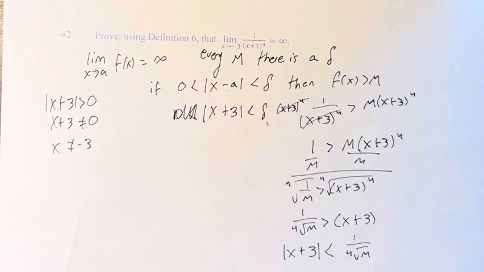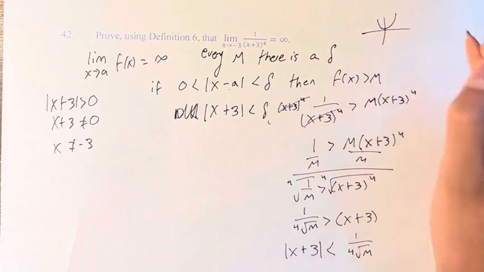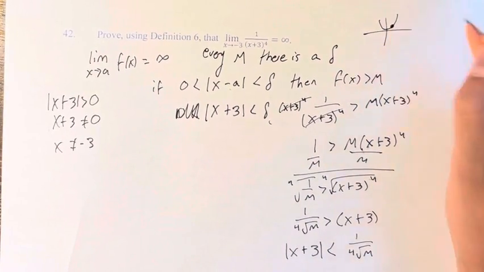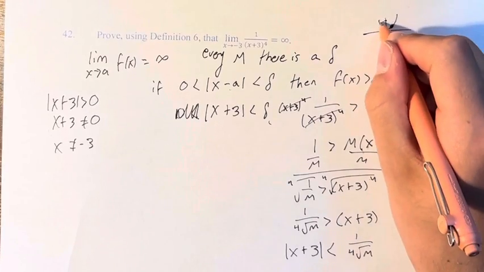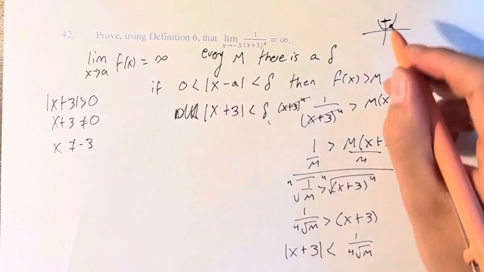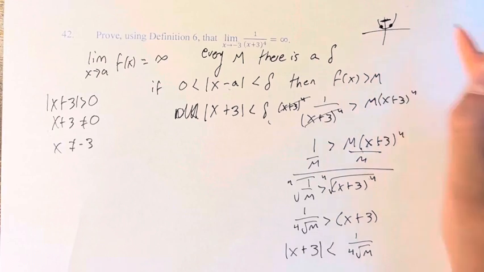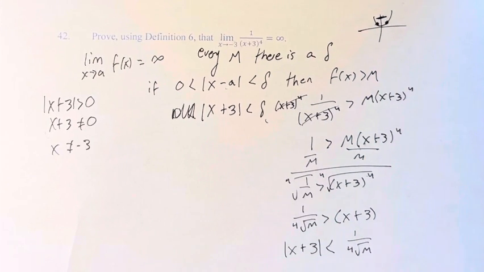Like if we were dealing with x squared, you have this value, which is less than 1 over the fourth root of M, but you would also have the negative of this value. You have to consider the positive and negative, and therefore you have to take the absolute value of x plus 3 and only take values that are close to negative 3, but they can be on either side of it. So you have to take the absolute value.